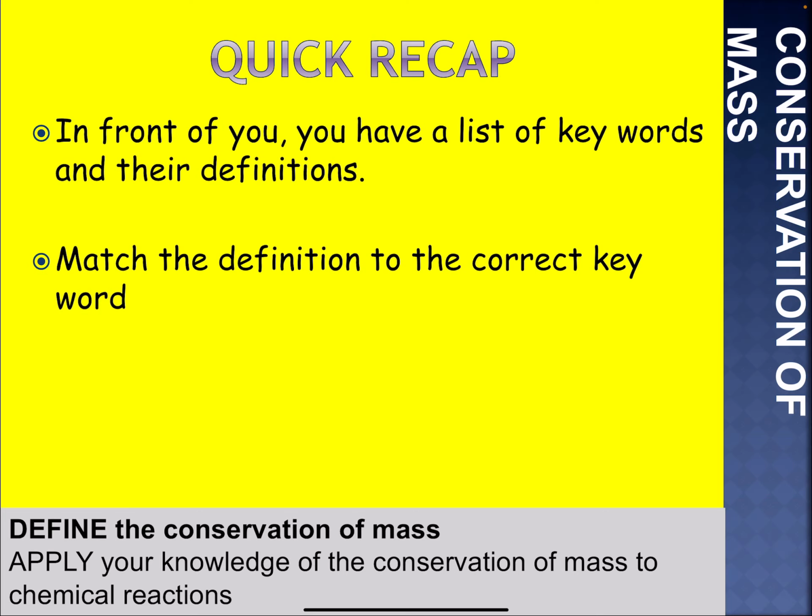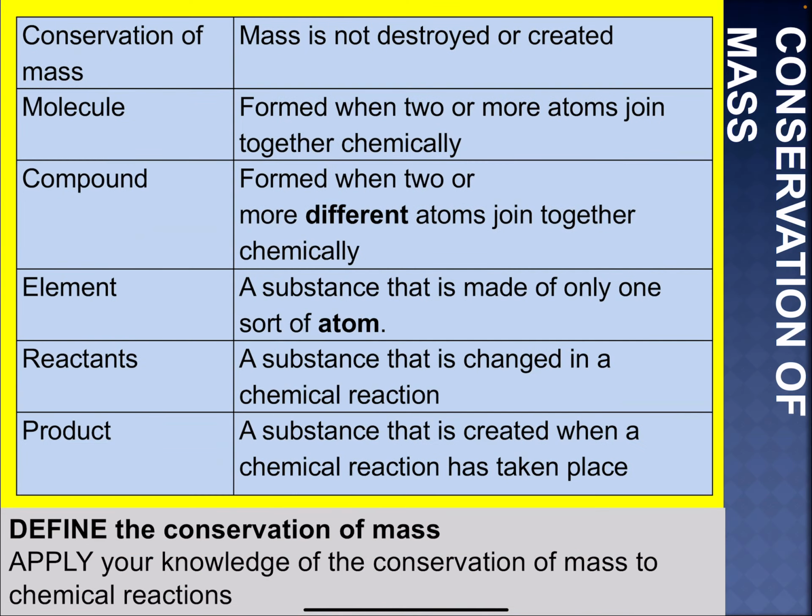Here are some keywords. Have a look at the definitions. Conservation of mass: you're not destroying anything, you're not losing anything, and you're not making any new mass. Molecule: formed when 2 or more atoms chemically join together, bond together.